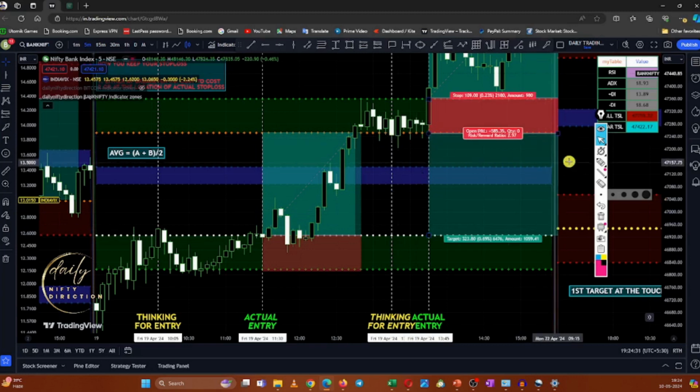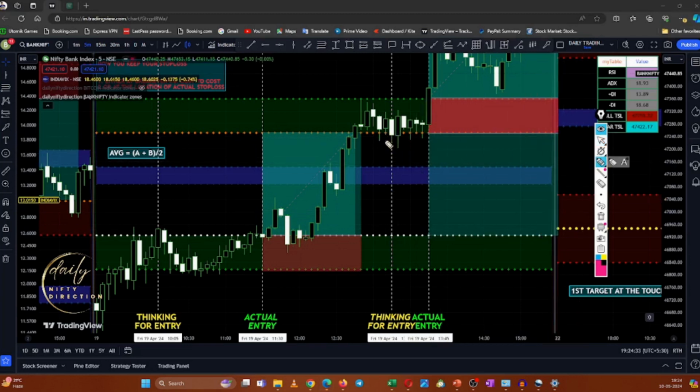But here what happened, it got its first close down. You are now only thinking for entry. Now you are waiting to get your confirmation of a second close here, but sadly it did not happen, and your entry for the bearish trade did not trigger.